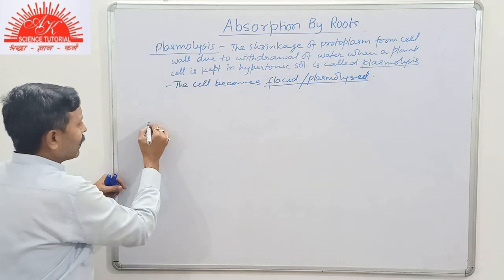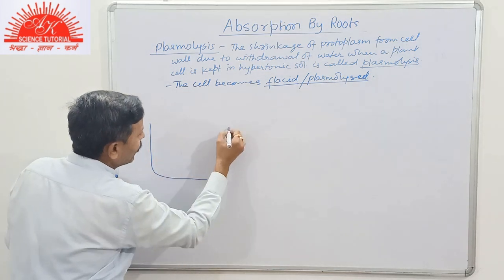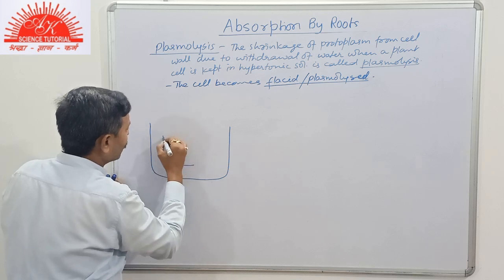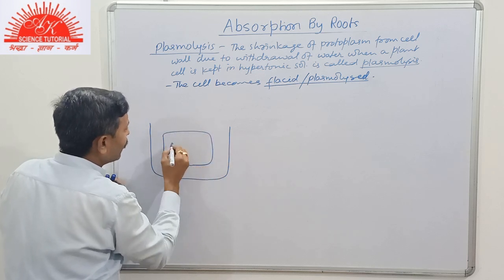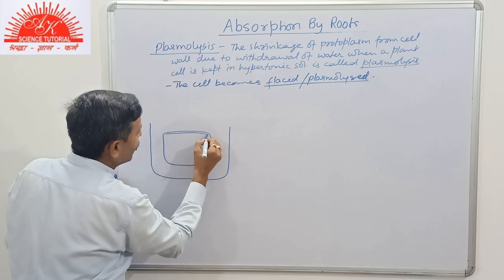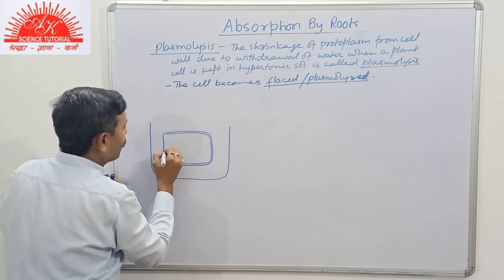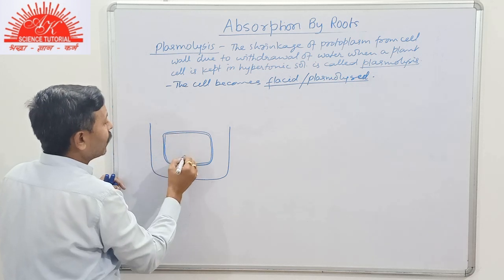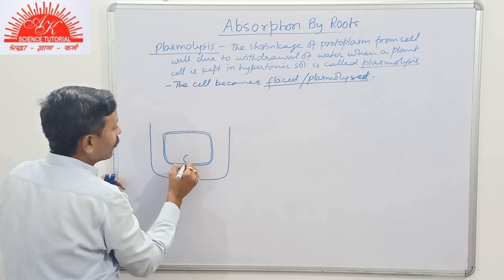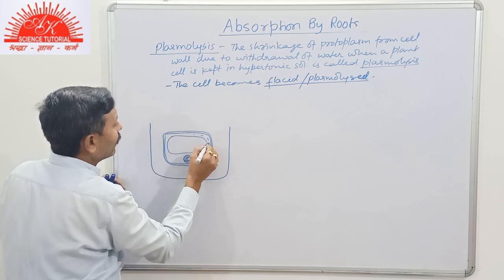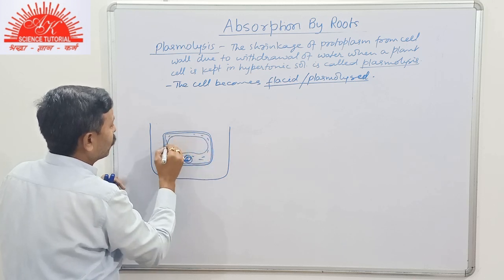Suppose here there is a normal plant cell. There is the cell wall and cell membrane. The cell membrane is in close contact with the cell wall. There is the nucleus, the large vacuole, and here is the cytoplasm, protoplasm.